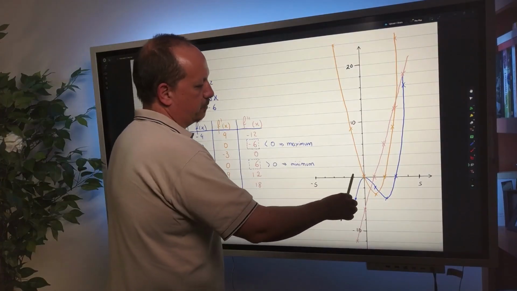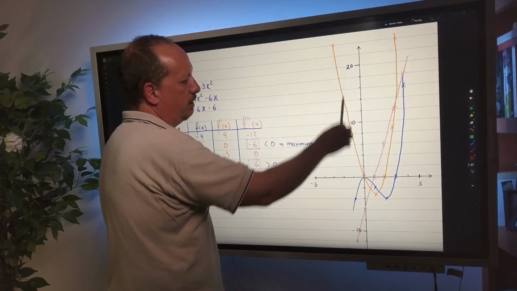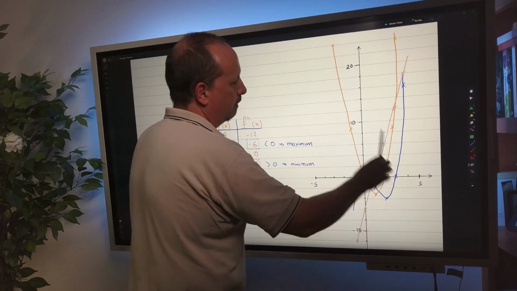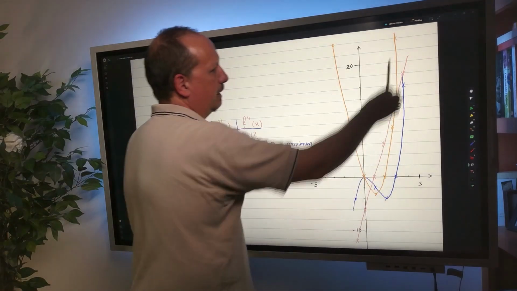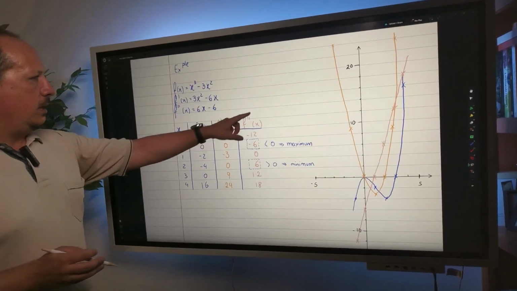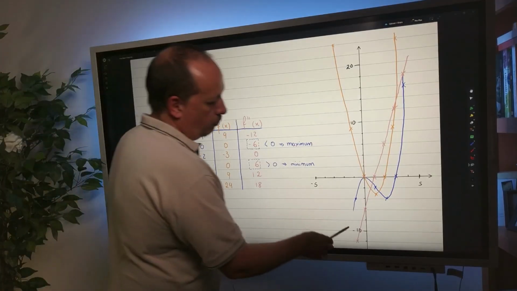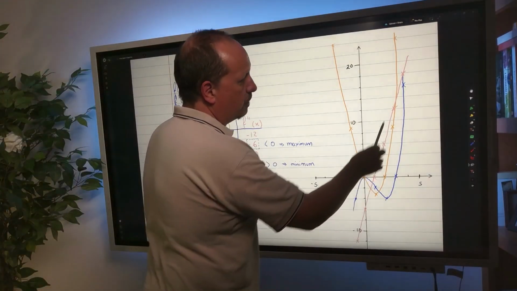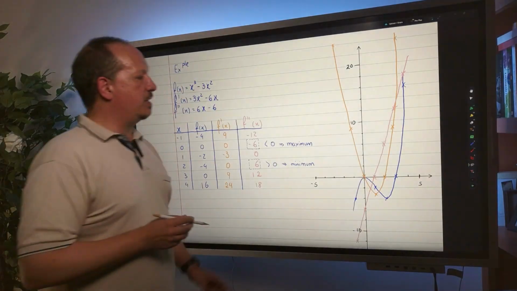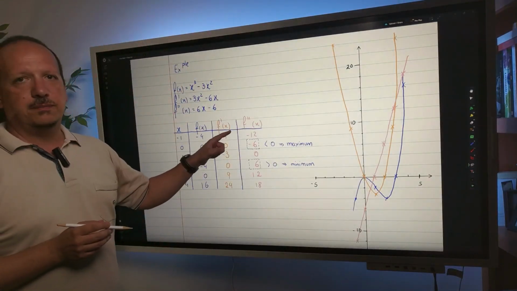Just substitute x by whatever value, and you have the gradient of the blue one given here by this parabola. And then I also bothered to draw this straight line over here, which would be the representation of the second derivative.